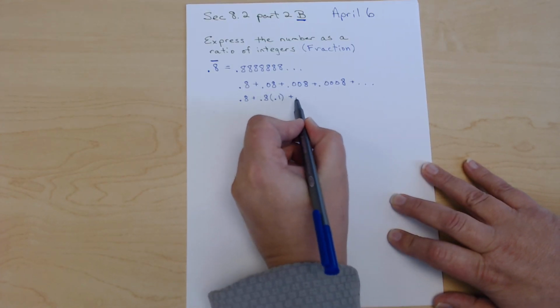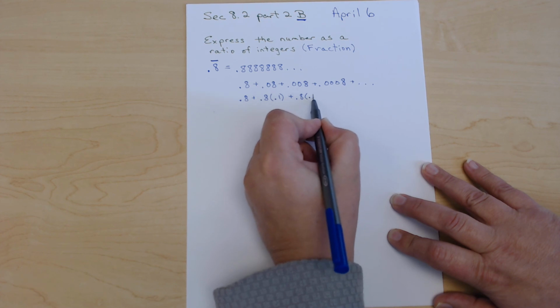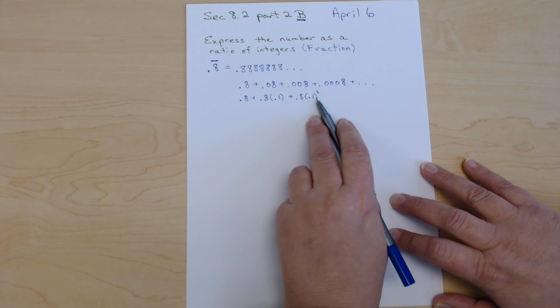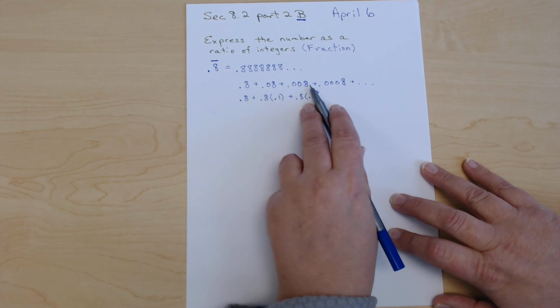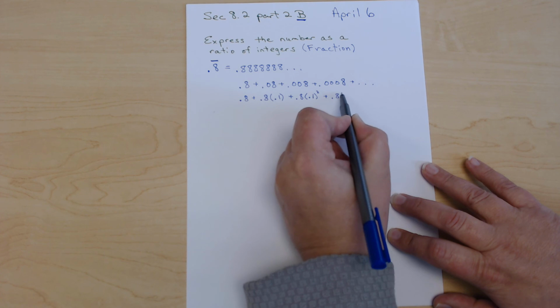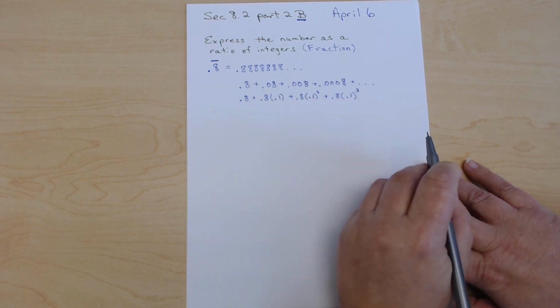Let's see if we can go right to, this is going to be 0.8, and then this is going to be 0.1, but squared, because this would actually give us 0.01. Take it times 0.8, and we get 0.001. Okay, plus, this is 0.8, and this would be 0.1 to the third, okay?